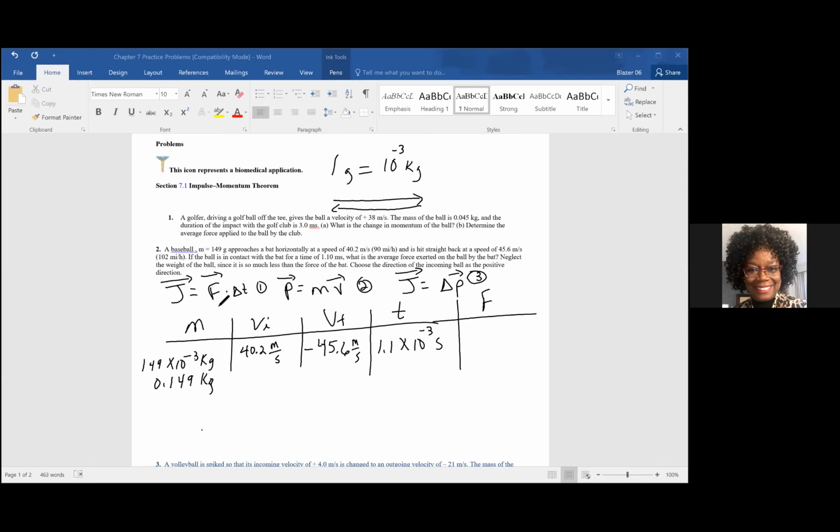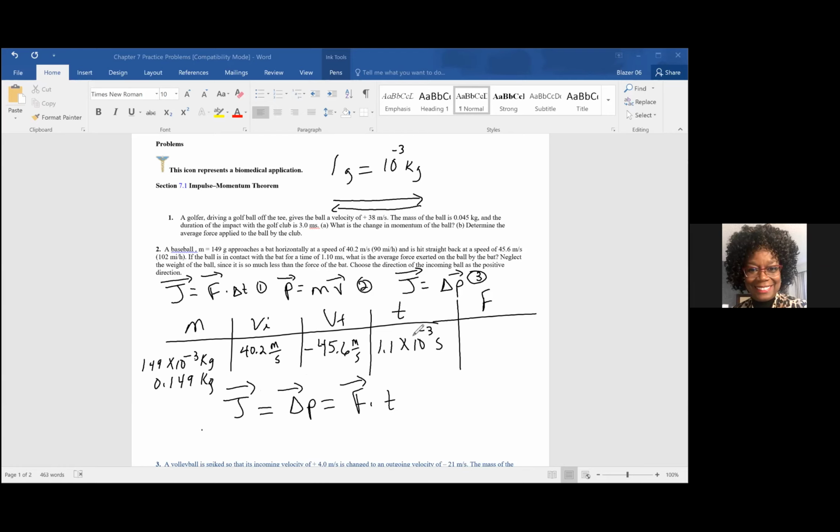But I do know that the impulse is equal to the change in momentum. So I'm going to use the fact that the impulse is equal to the change in momentum, and the impulse is equal to the force times the time. And this force is what I am looking for.